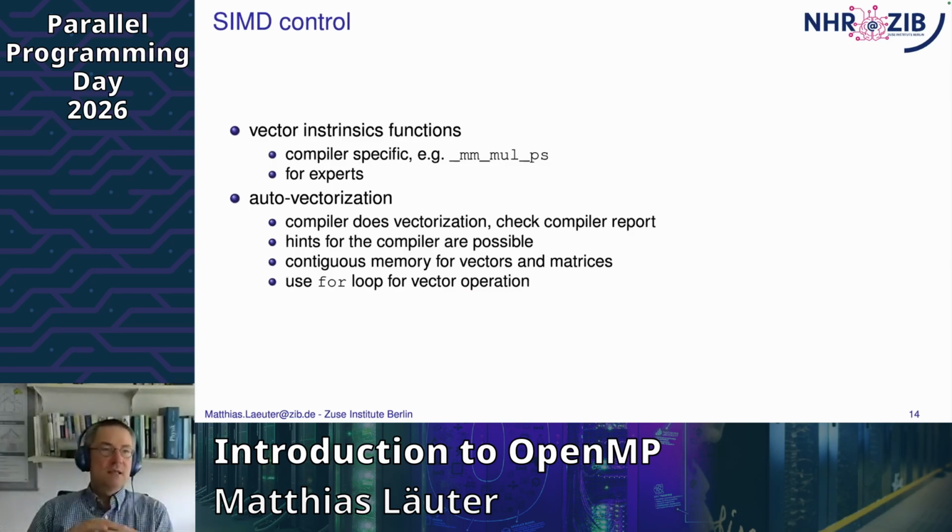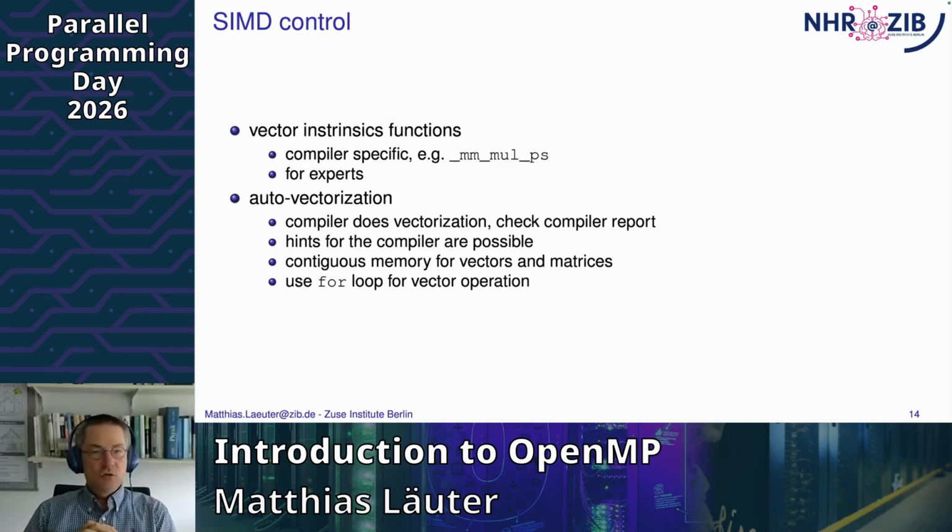How do SIMD and vectorization work? Of course you can do that as an expert. You can use vector intrinsic functions, and they are specific to each of the compilers. So that's very nasty, let's say. That's why our way to go is to use the compilers and ask the compiler for auto vectorization.